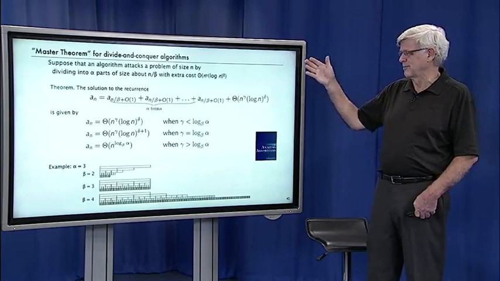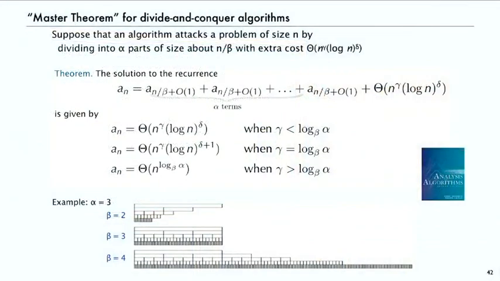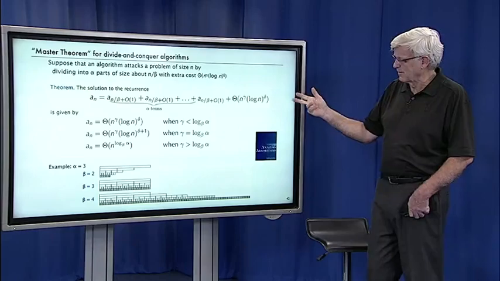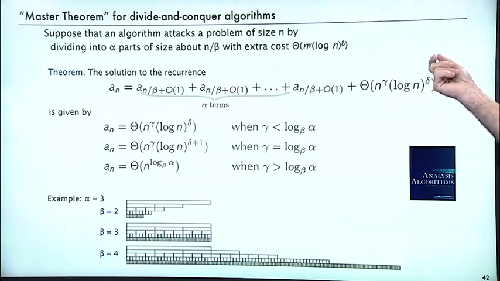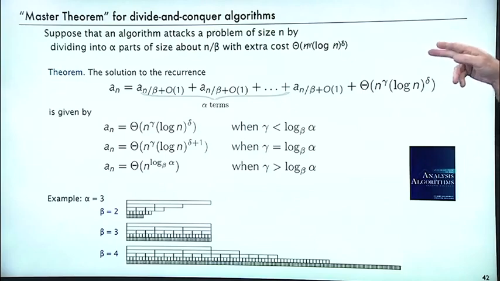And so what the Master Theorem says is, under the supposition that you have a problem of size n divided into alpha parts of size n over beta with extra cost n to the gamma log n to the delta, that's going to lead to a recurrence. And the recurrence is going to look a lot like our merge sort recurrence, except instead of the floors and ceilings, we add little tiny constants to each one of the problem part sizes, because n over beta has to be an integer, so you have to have some floors and ceilings in there somewhere.